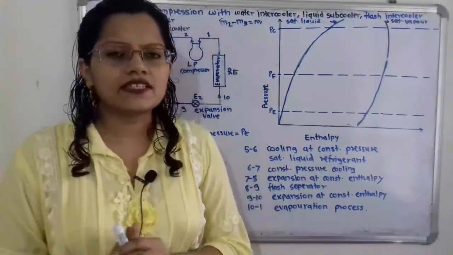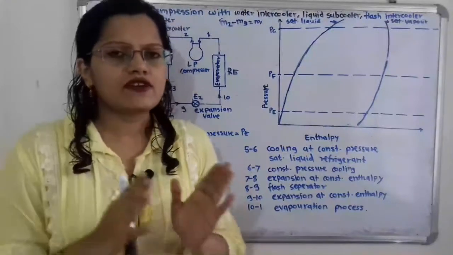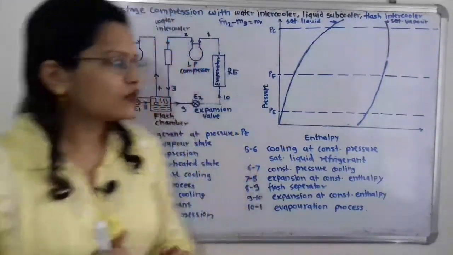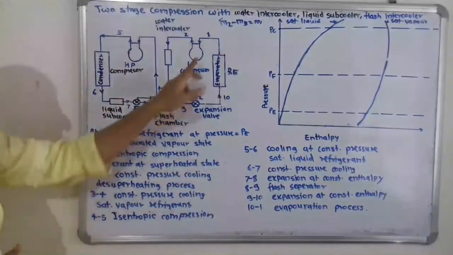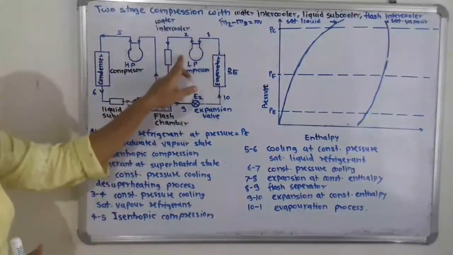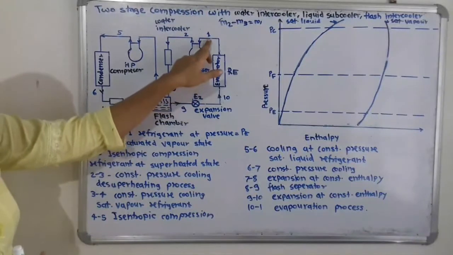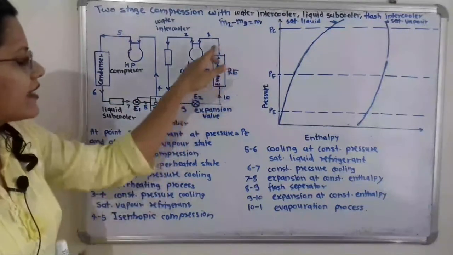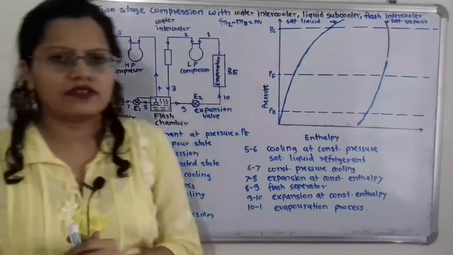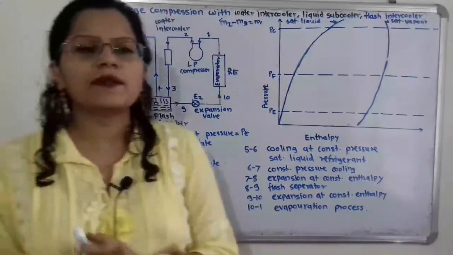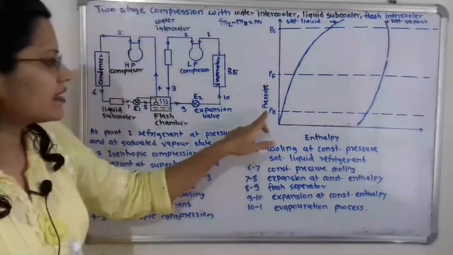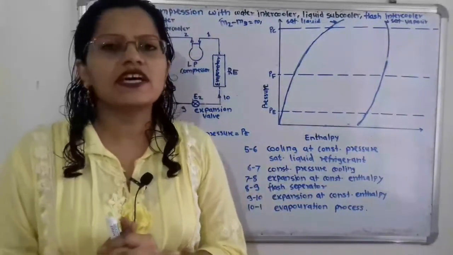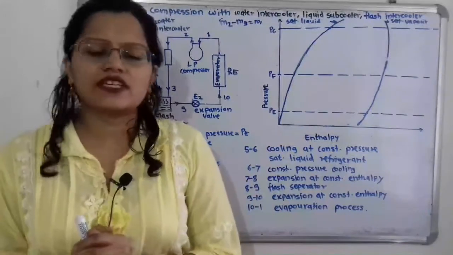So we will consider what is the state of this refrigerant at the initial point 1. If we observe this diagram, before entering this low pressure compressor, the state of the refrigerant is at point 1 and it is leaving the evaporator. Here the evaporator pressure we will consider as PE, and the state of the refrigerant is saturated vapor.